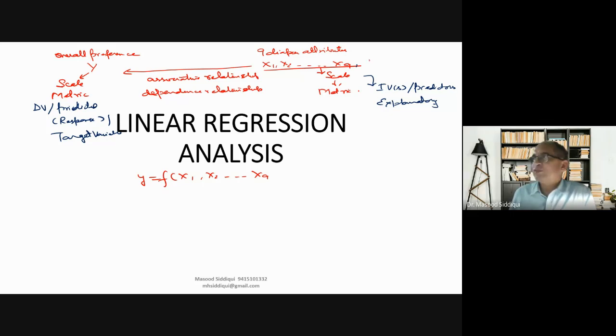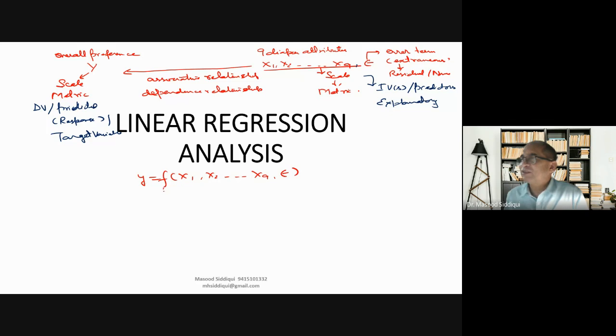So we are introducing one more term, epsilon, which is known as the error term. Error doesn't mean something went wrong. Error means an extraneous term, or residual, or noise. So Y is a function of these.